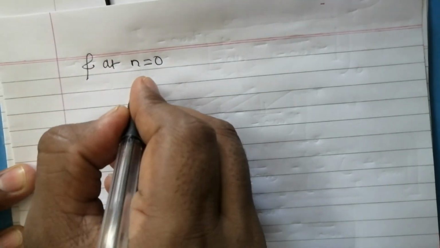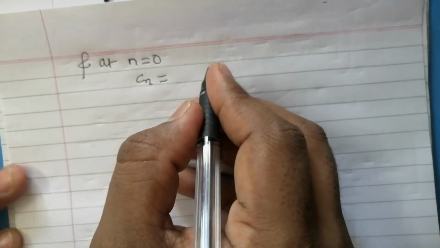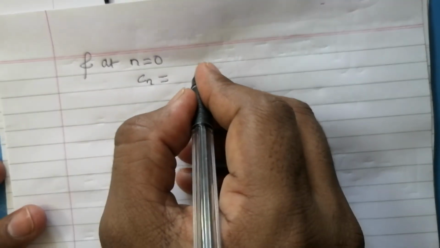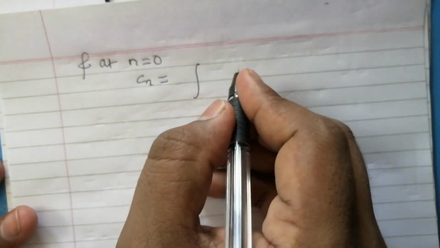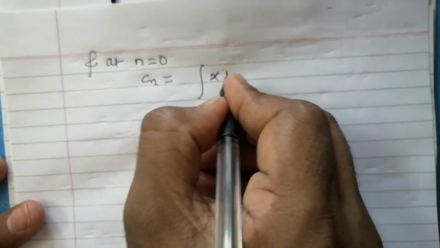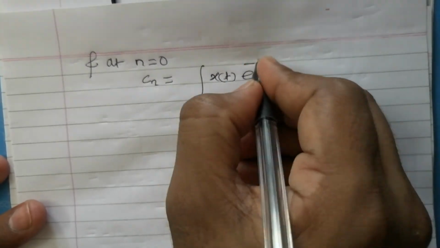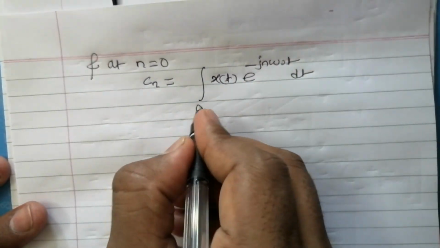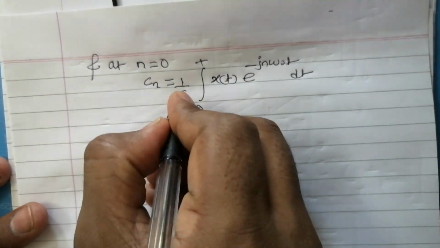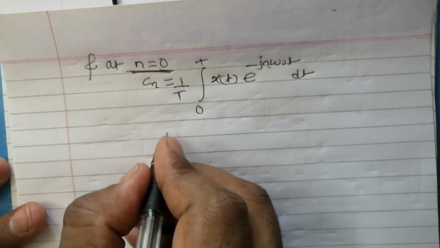And at n equals 0, Cn equals, we know the formula, 1 upon T integration of x of t e raised to power minus jn omega naught t dt from 0 to T. Now this is n equals 0, so we have to place n equals 0 here.